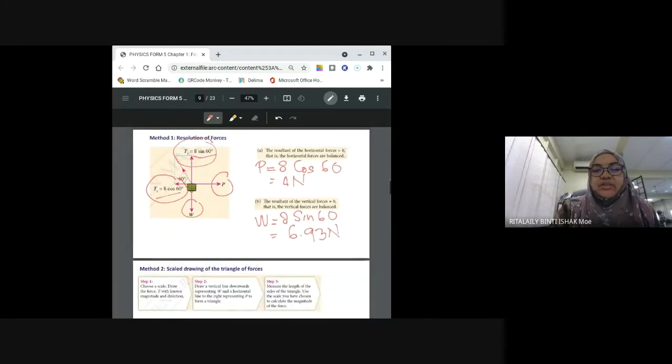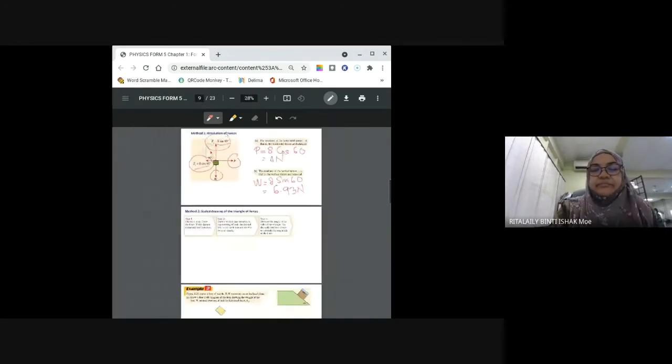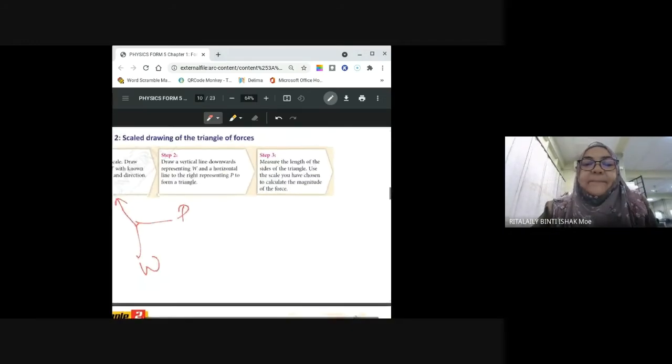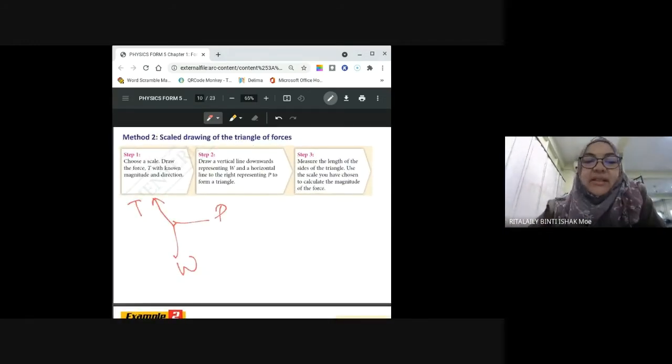So how do they use scale drawing? I draw it again here: this is T, this is P, this is W. Okay. Then this is 60 degrees. This is 8.